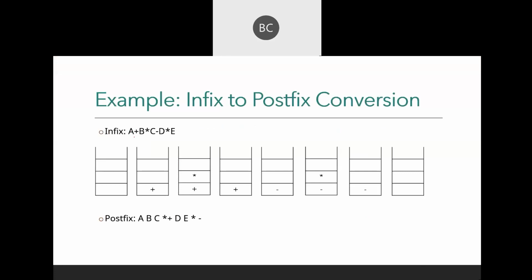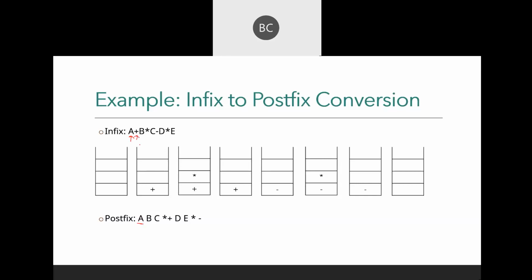So this is an infix expression and we need to convert it to postfix using the stack. First the stack will be empty, then you read the first symbol, it's A. It's an operand, so you directly write it to the postfix expression.